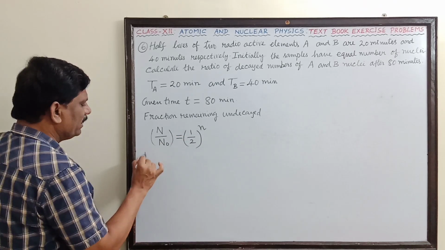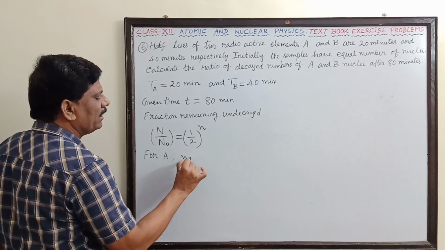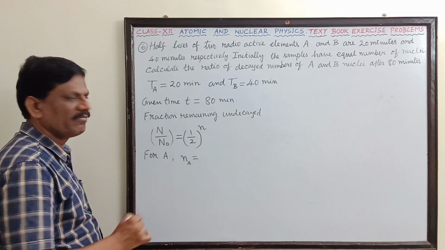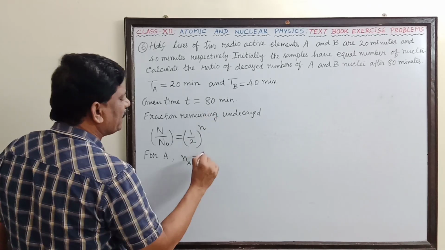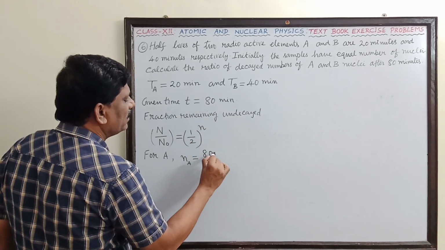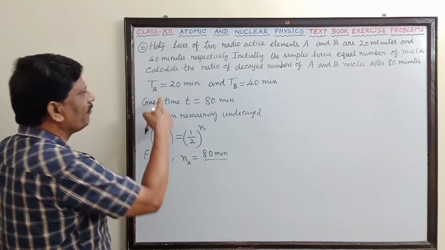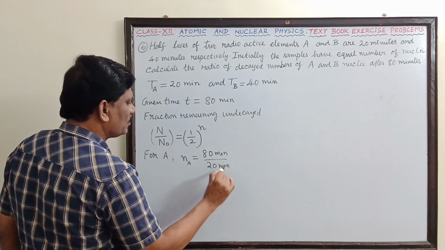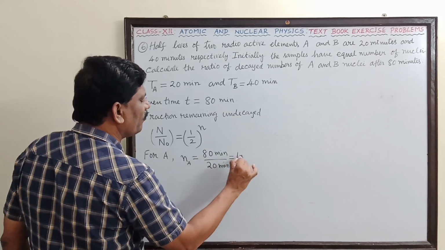Now for the element A, the number n, I will take this as nA for the first element. So this is equal to the given time 80 minutes divided by its half-life. The half-life of the first one is 20 minutes. So nA is equal to 8 by 2, which is 4.